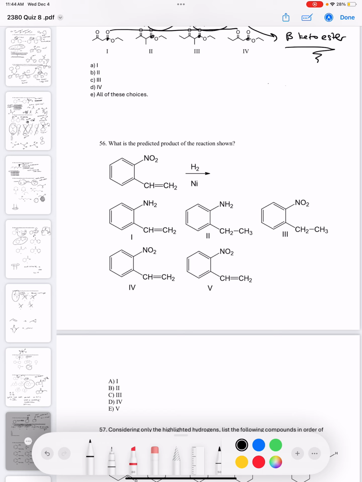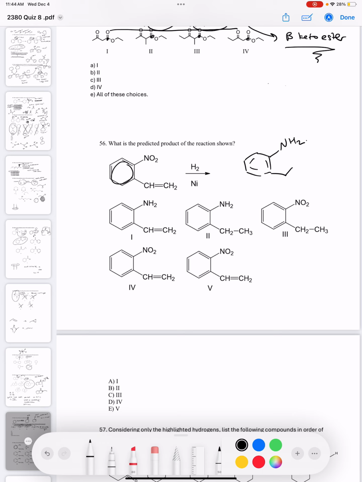Okay, the next one, what is the predicted product of the reaction shown? So this H2 with nickel, we learned a long time ago in OChem 1, doesn't get rid of double bonds in an aromatic ring, but it can get rid of double bonds in an isolated alkene off to the side. So it would get rid of that alkene. But the other thing it can do that we just learned in this chapter is turn nitro groups into NH2.